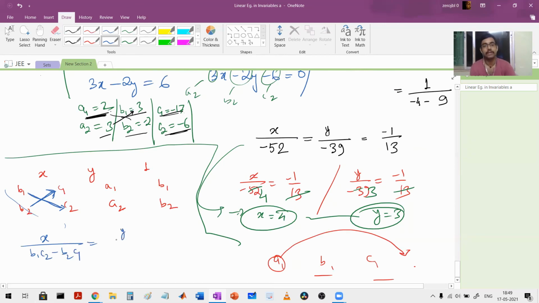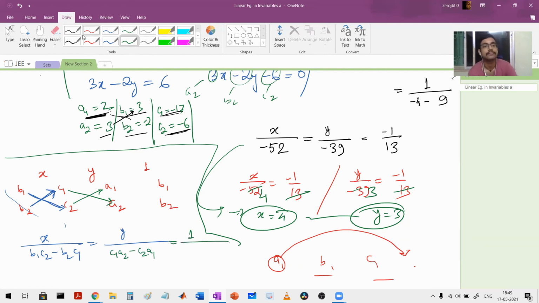Similarly, can you say what will be y by? C1 a2, first up to down. C1 a2 minus, and then at last, very good.